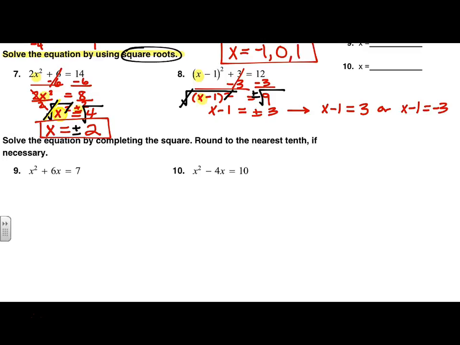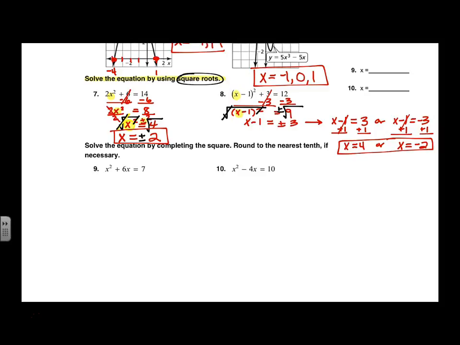Some people are already going ahead and solving by adding 1 to the other side. X does equal 4 or, what was the other one that you guys got? Negative 2. X equals negative 2. Okay, so there's x equals 4 and x equals negative 2.